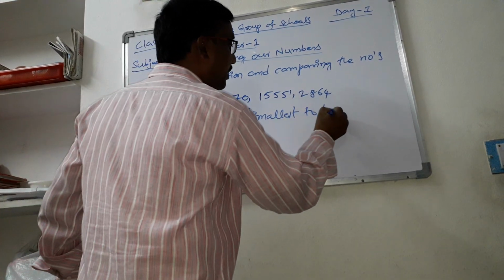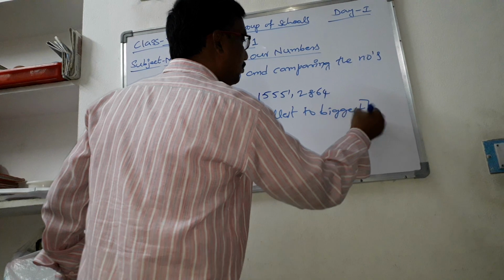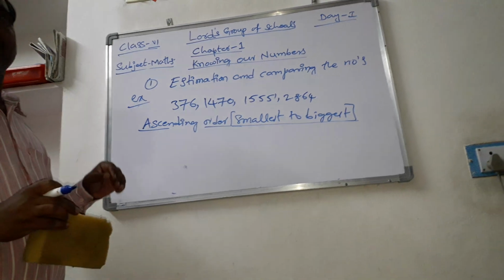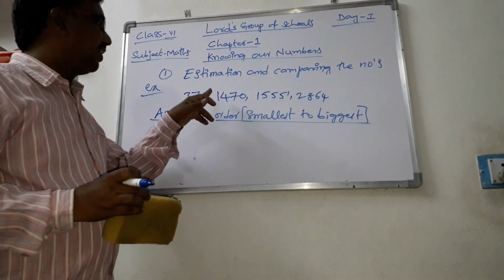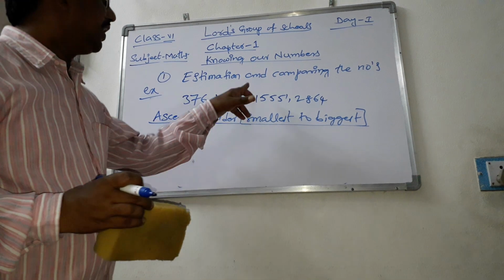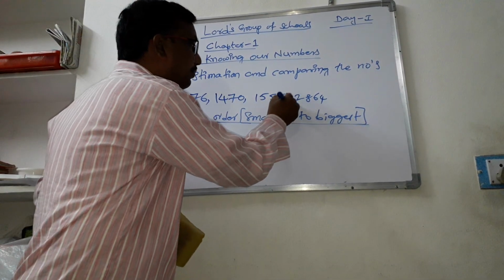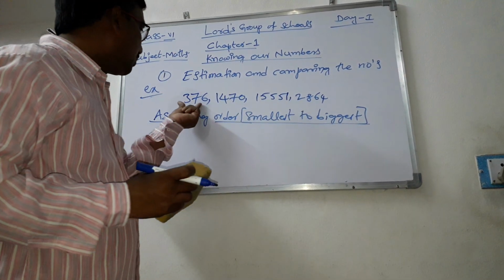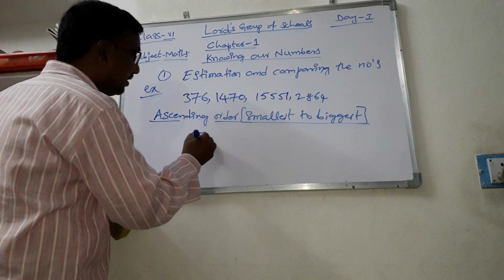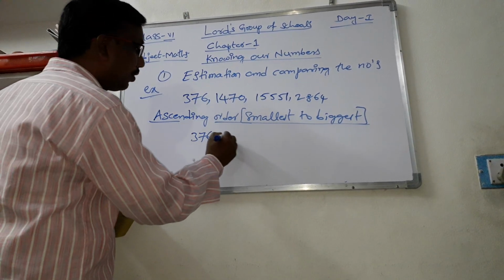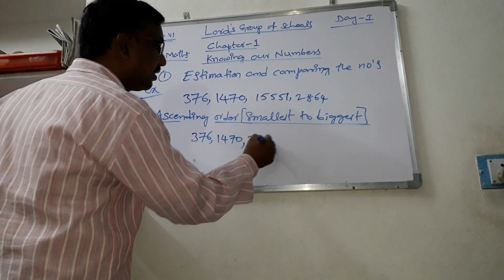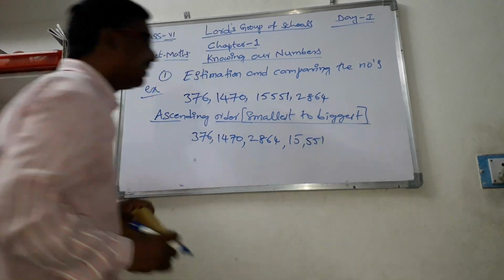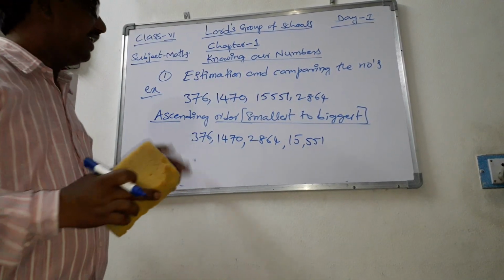First we'll read the numbers. First number is 376, 1470, 15,551 and the last one is 2,864. When we compare, the smallest number is 376 and the very next number is 1470, then 2864, and at last the greatest number is 15,551. In this way we can arrange the given numbers in ascending or descending order.